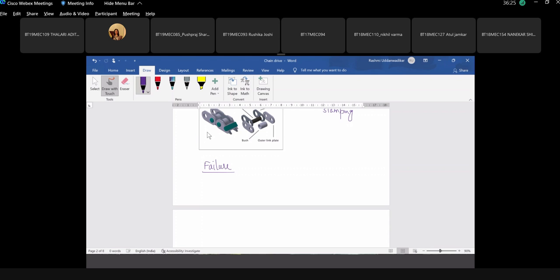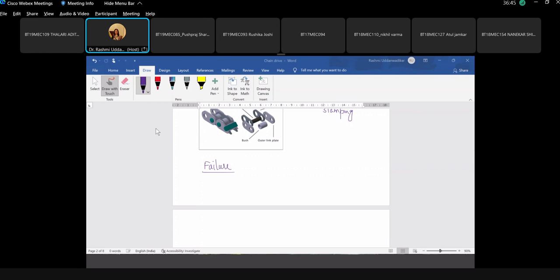Rishabh is not there. Rushika, are you there? Yes, ma'am. How do you think a chain would fail? Maybe due to excessive load. Excessive load? Not exactly.